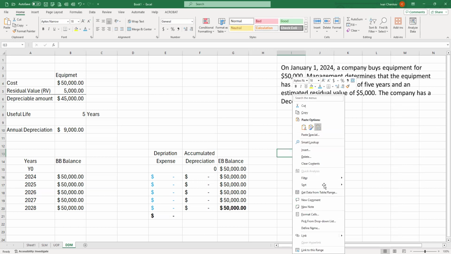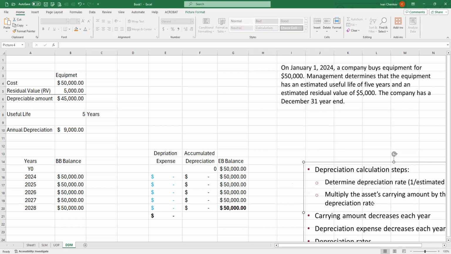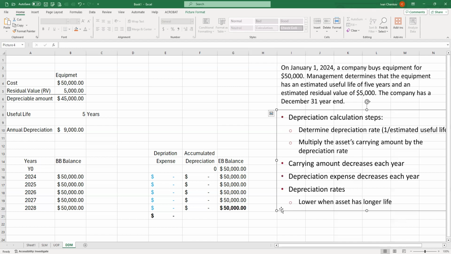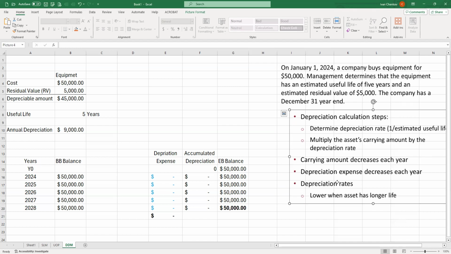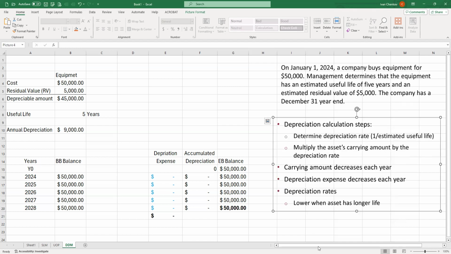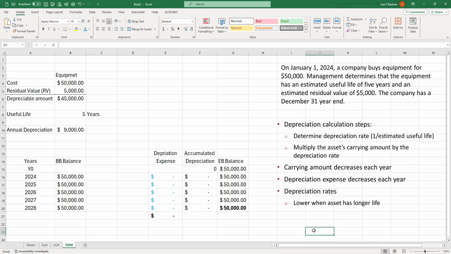Let me post it as a picture right here. So for this method, we're going to use the percentage. Now, the question is, how are we going to get the percentage? How is it possible to come up with the percentage?